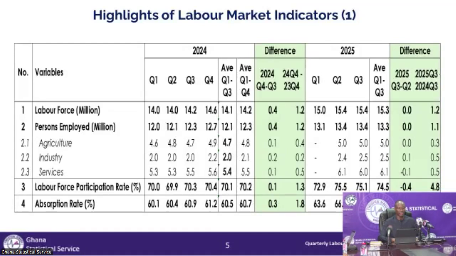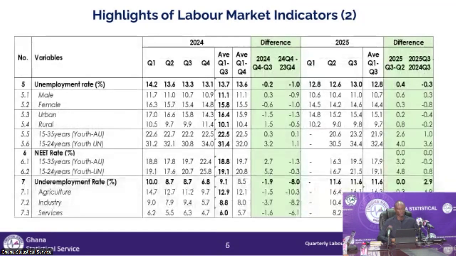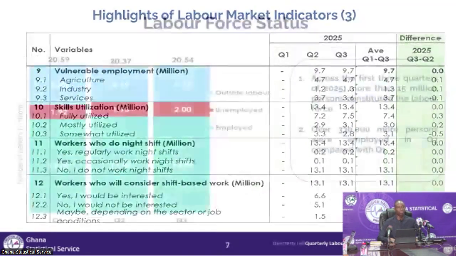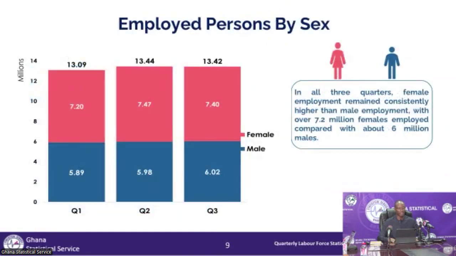Now, let's look at employed persons by sex. In all 3 quarters, female employment was consistently higher than male employment. In fact, over 7.2 million women were employed compared to about 6 million men.